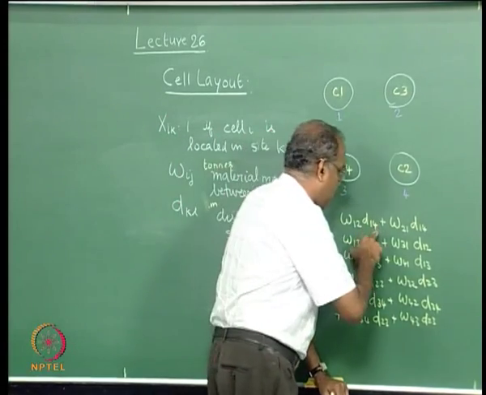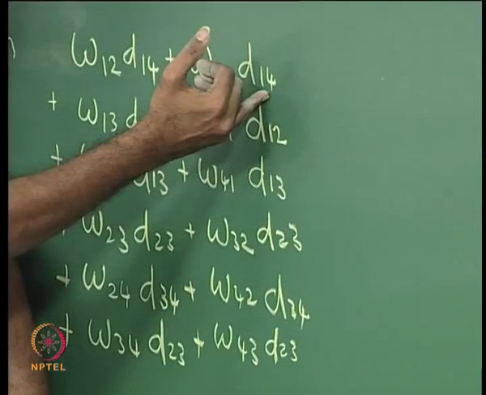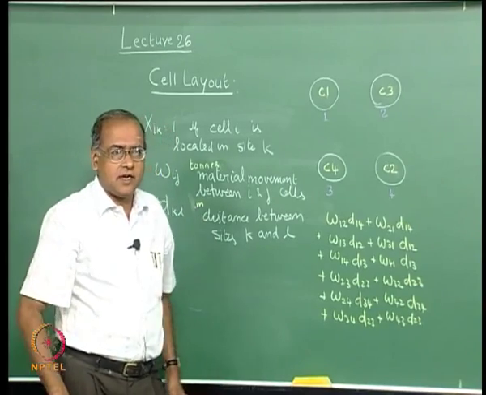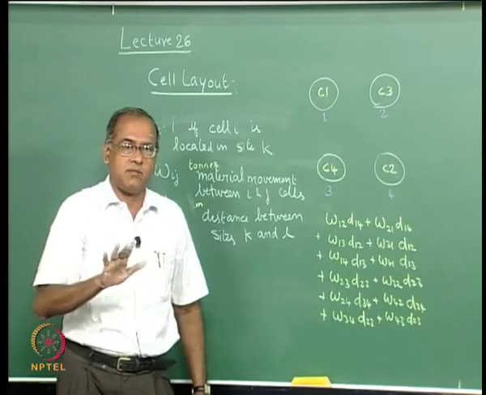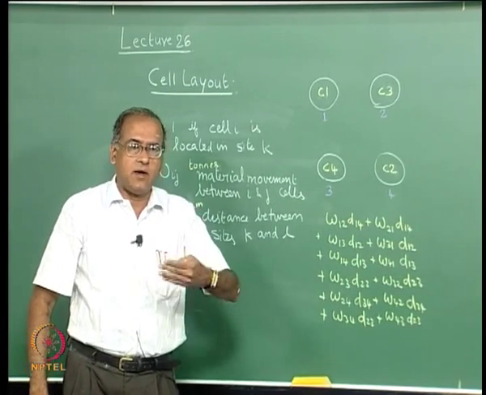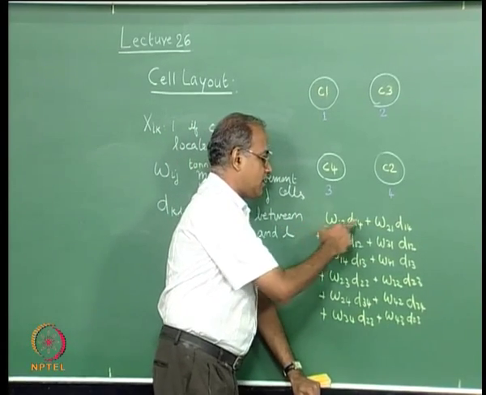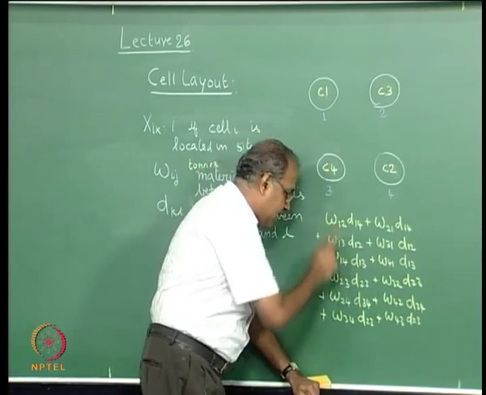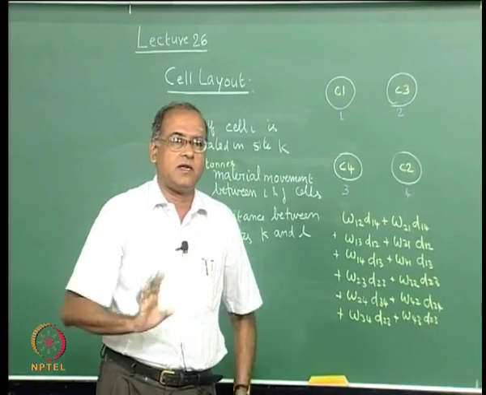Therefore, I have written d14 in both the places and I have not written d41. For the ease of simplicity, we could assume that even the w's are symmetric. Normally it need not be, but we could assume that w's are symmetric. So, if w's are symmetric, then each of these will be 2 times w12 d14, 2 times w13 d12, etc. There will be only 6 terms instead of 12 terms, with each term multiplied by 2.